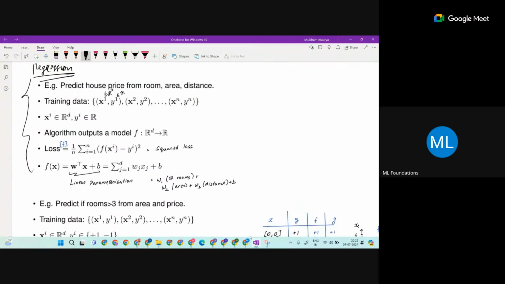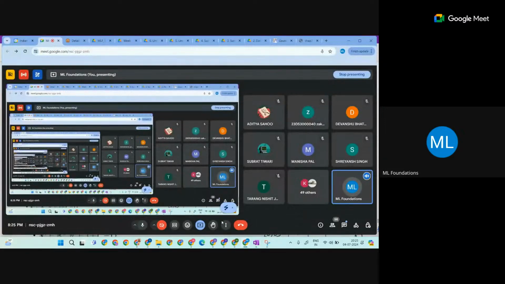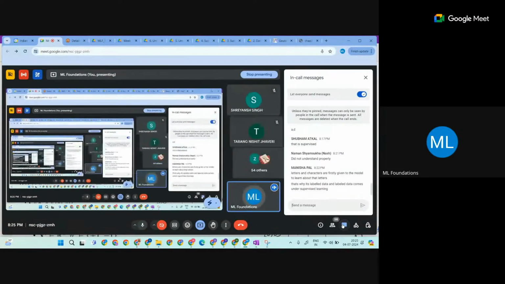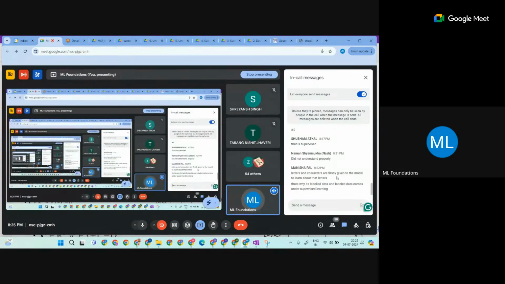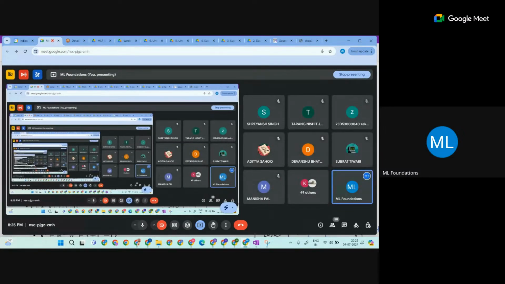Let's say x1 belongs to some particular dimension, say R1, R2, R3. If anybody wants to ask something, just unmute yourself and ask. That would be good for me. Otherwise I will try to look here many times.